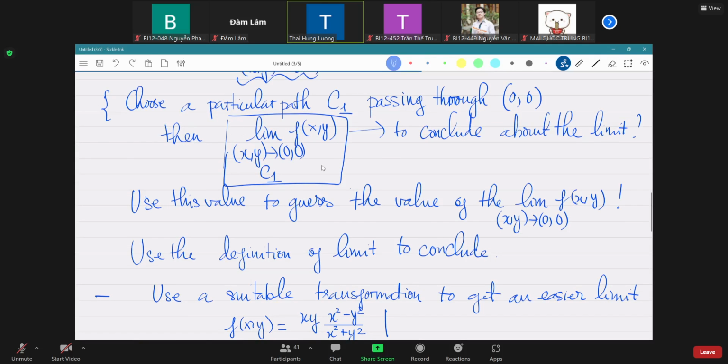If you want to use the path method, you should follow this scheme. You choose a particular path, find the limit along this path, and then use the value you get to determine the value of the limit. And you can use the definition of limit to conclude the limit of the function.